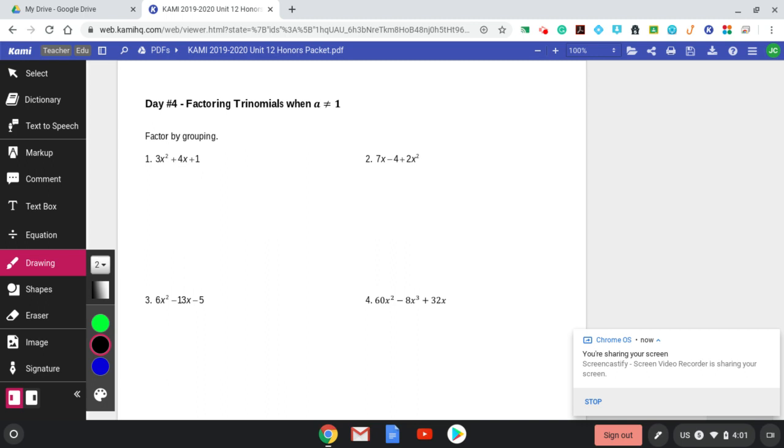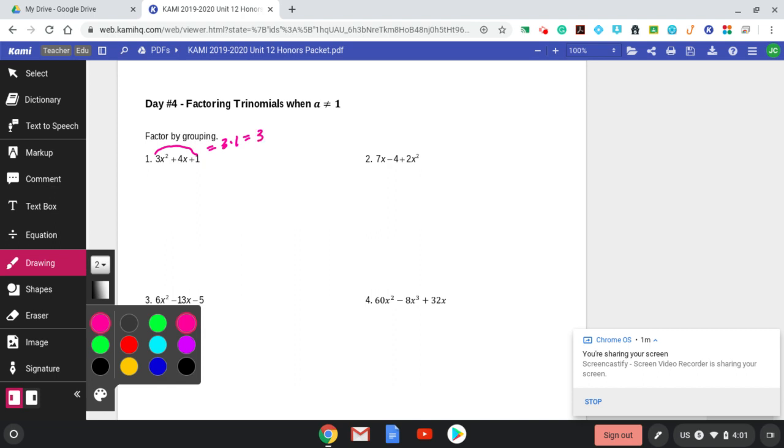Here's how. First step is to multiply your A and your C value. I end up with 3 times 1, which is equal to 3. Now, here's how I'm going to make it into 4 terms. I'm going to keep 3x squared and the plus 1, but change 4x into 2 separate terms.